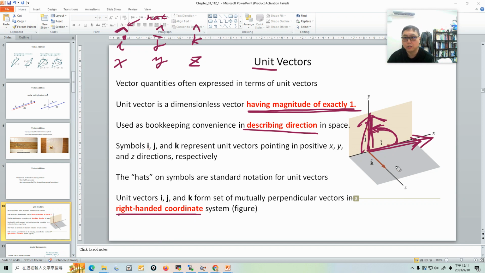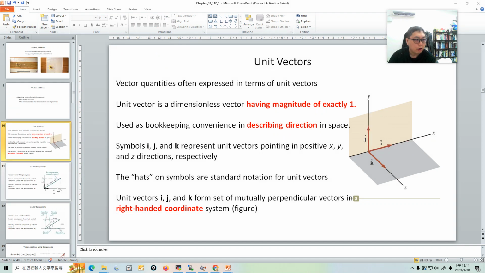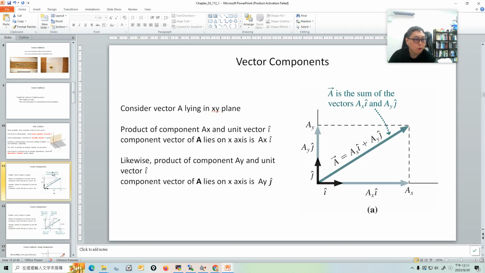That's unit vectors. How do we represent vectors by components? I think you all learned this before, so let's quickly review. Right now we only have the x and y directions, only two dimensions.